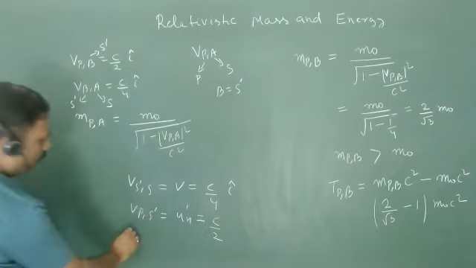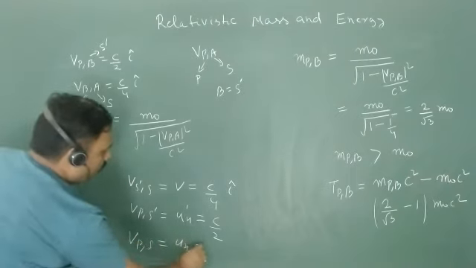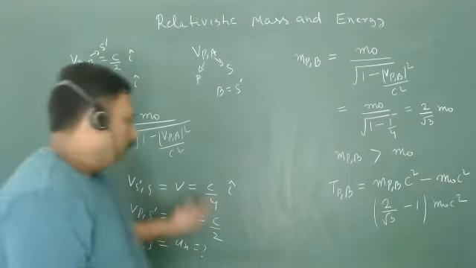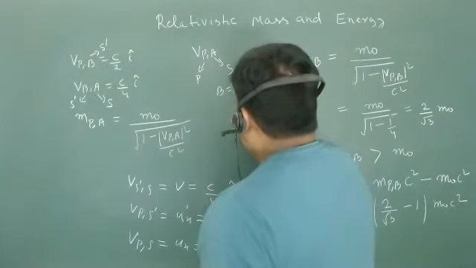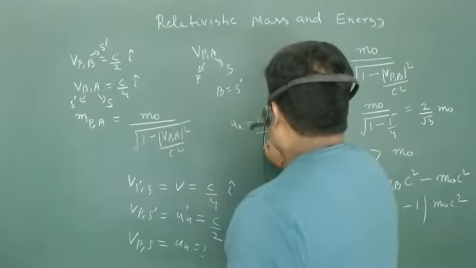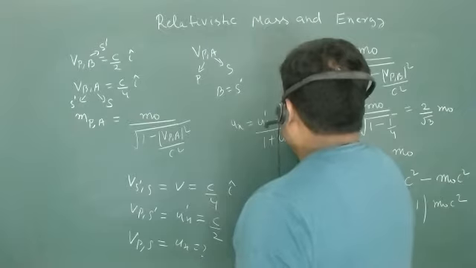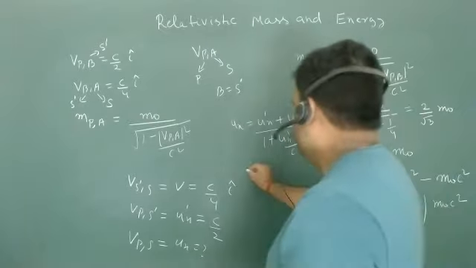What we have to calculate is the velocity of the particle with respect to S, which is ux, and we can put it into this form: ux is equal to ux dash plus v, upon 1 plus ux dash v upon c square. When you put it in, what will be the answer?